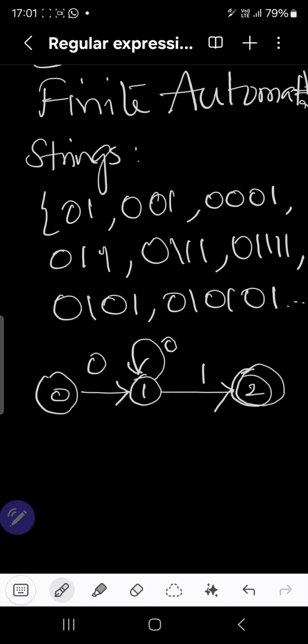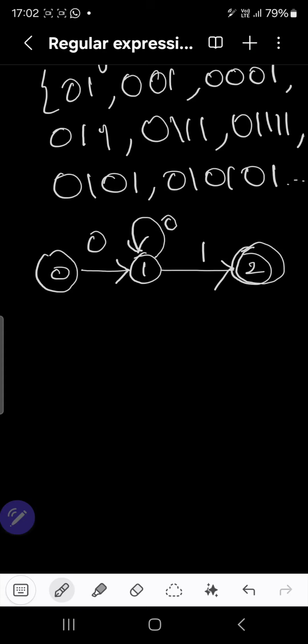And if we see 0001, that is the third string, 0001. The third string is 0001. That can also be represented by the same DFA.